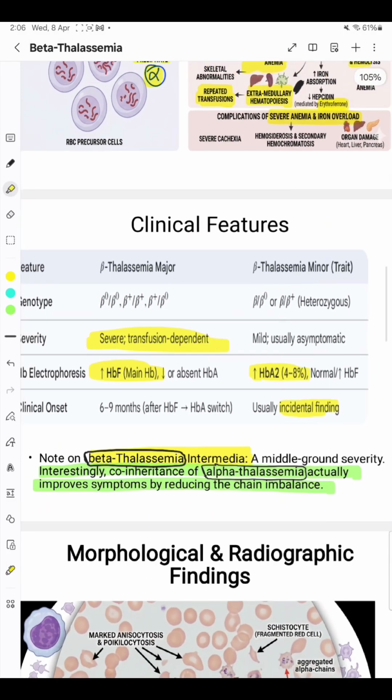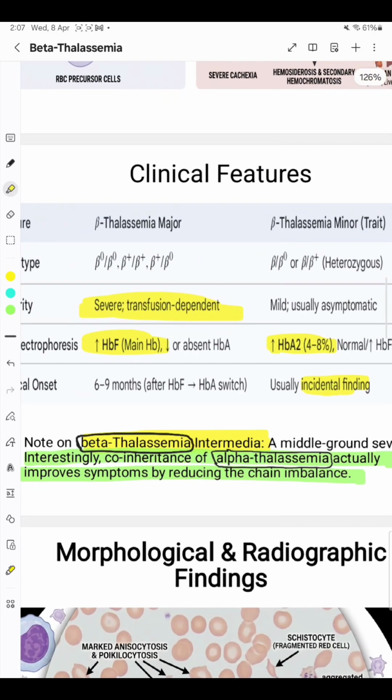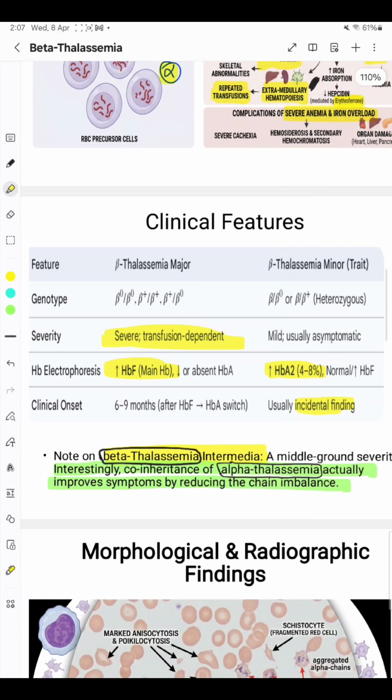The clinical features are the typical clinical features of anemia: pallor, weakness. As this is hemolytic anemia, jaundice can be seen, icterus can be seen. Now we have two types of beta thalassemia to discuss: beta thalassemia major and beta thalassemia minor or trait.